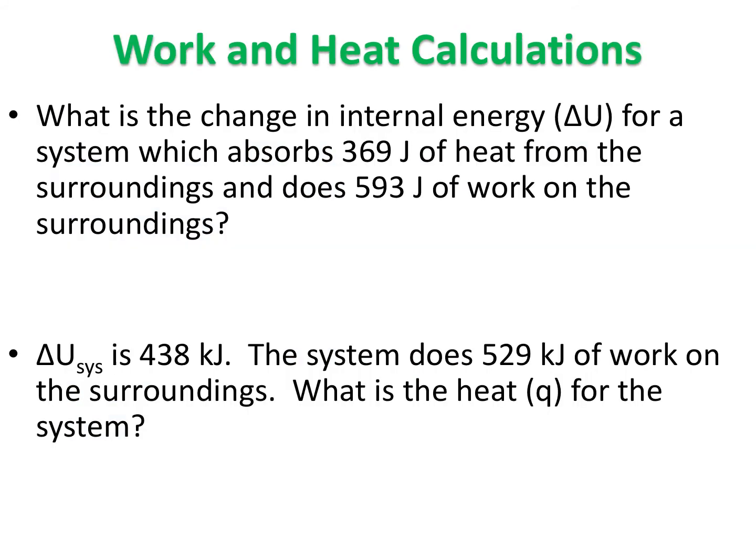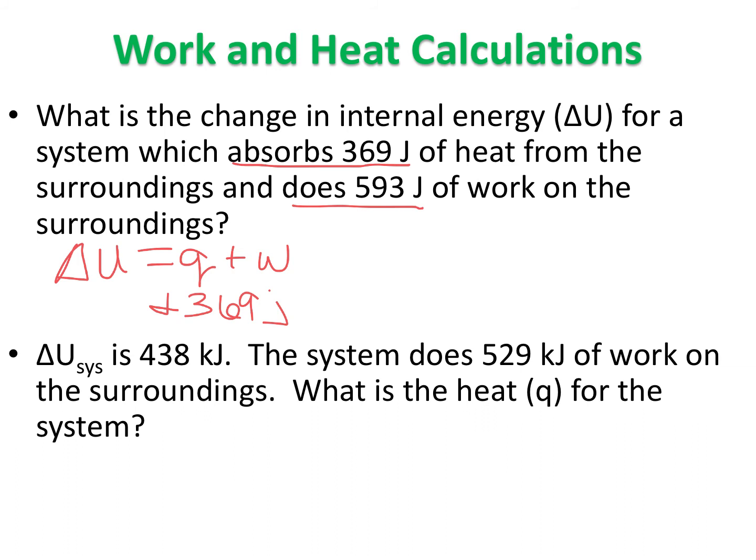Calculations. What is the change in internal energy for a system which absorbs 369 joules of heat from the surroundings and does 593 joules of work on the surroundings? The equation is the change in internal energy, delta U, equals heat, Q, plus work, W. Since the system absorbs heat, the value for Q is positive 369 joules.